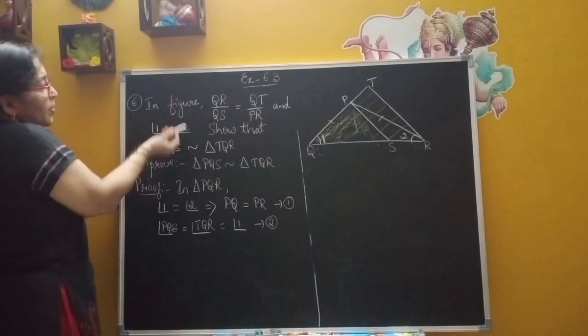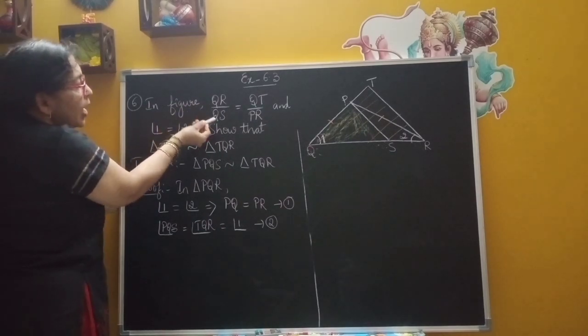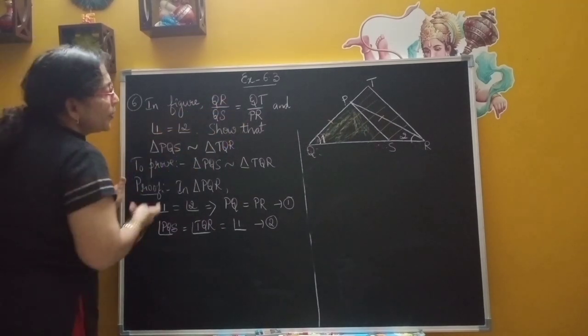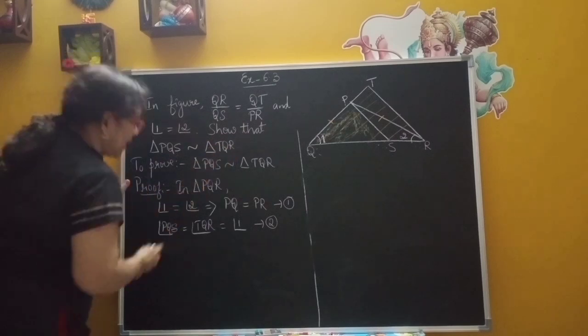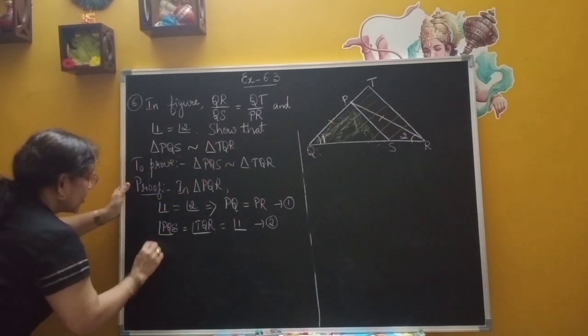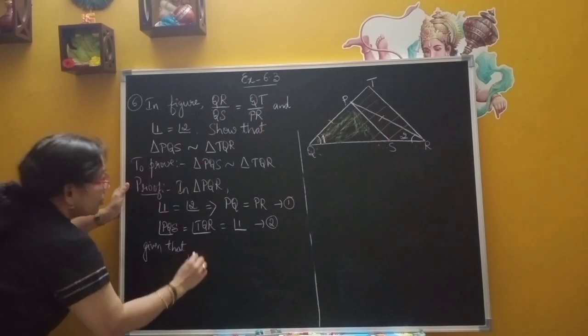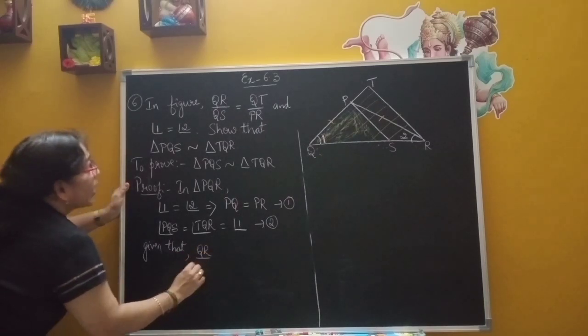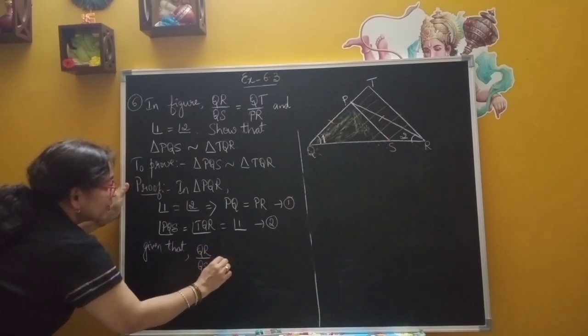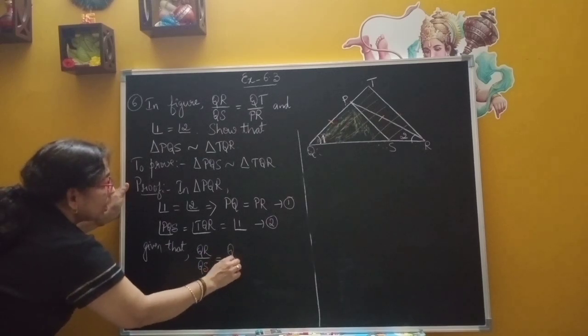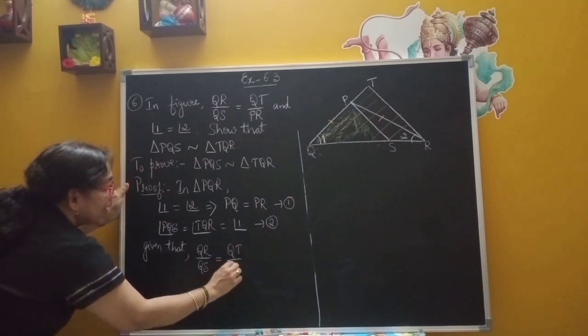Now, let us see the given part. This is QR by QS is equal to QT by PR. Given that QR by QS is equal to QT by PR.